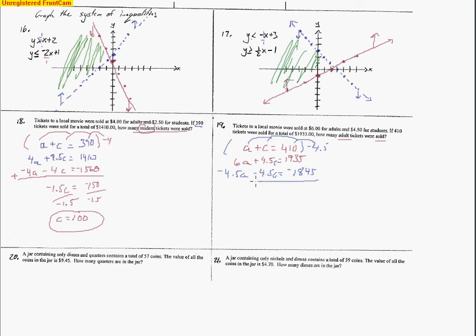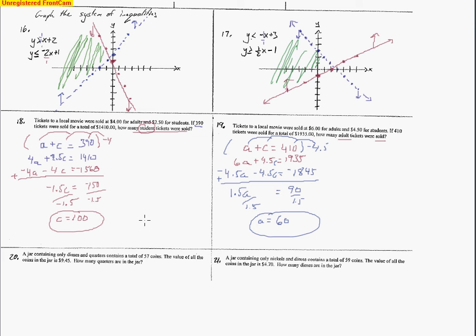So from that point, we add this stuff together, and we end up having to subtract here because they're opposite in sign. You end up with 1.5A equals, and on this side we have 90. And 1.5 does go in there evenly. So make sure you move the decimal over when you do the division, and add that 0 to the 900, and A equals 60. So 60 adults end up showing up.